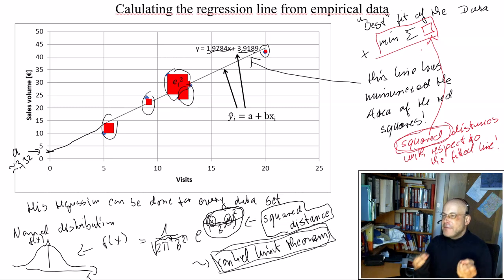But if I have a large number, then it is a good choice to approximately assume that the mean of my data is normally distributed.